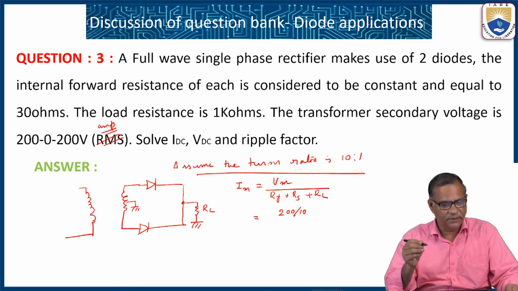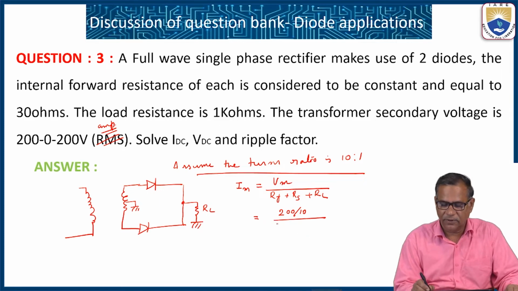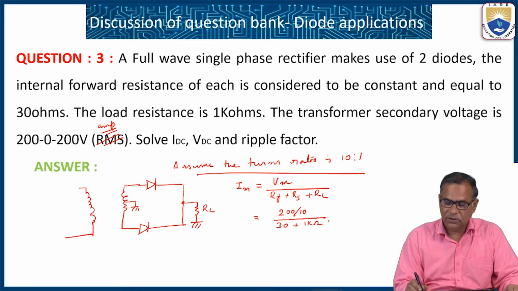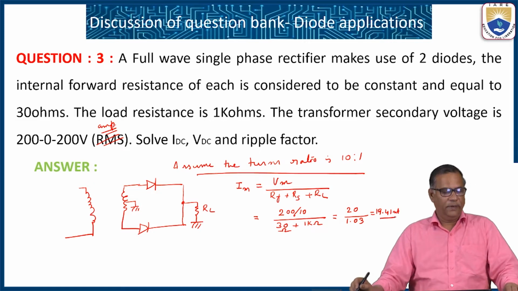So 200 by 10 divided by the forward resistance of the diode, which is 30 ohms, plus the load resistance of 1 kilo ohm. So this is equal to 20 divided by 30 ohms plus 1 kilo ohm. So we write it as 1.03. So that is equal to 19.41 milliamperes.